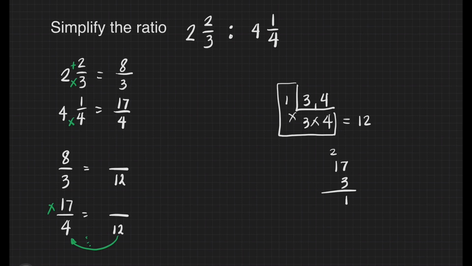Carry 2 at the top of 1. 3 times 1 is equal to 3 plus 2 is equal to 5, so 51. So that makes our numerator here 51. 12 divided by 3 is equal to 4 times 8. 4 times 8 is equal to 32. So this is our numerator.